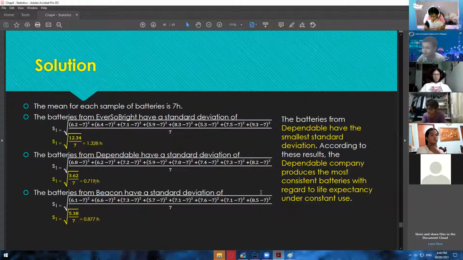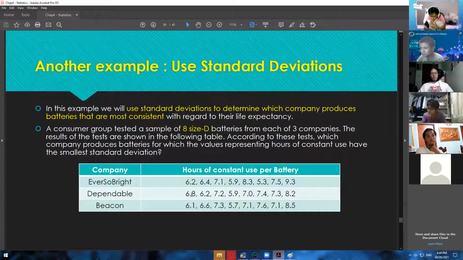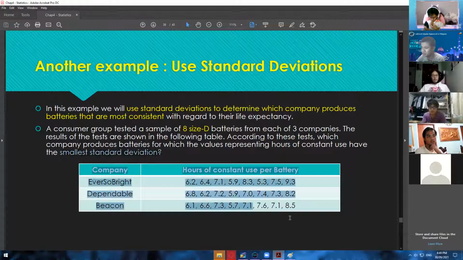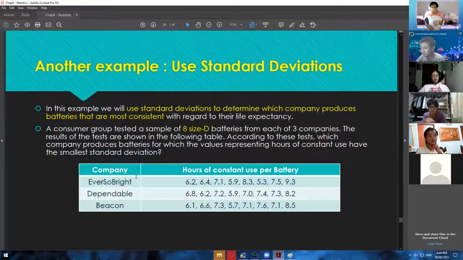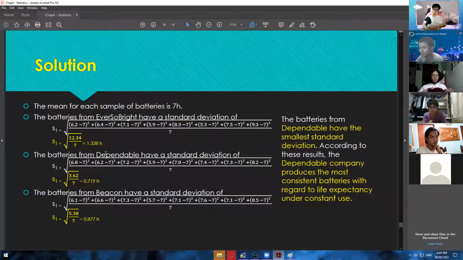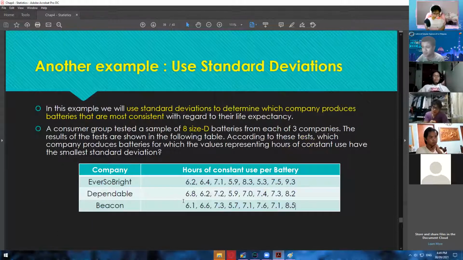Of course, you won't be able to see that if you only have the raw data, unless you use the formula to identify which company produces the most consistent, long-lasting battery.